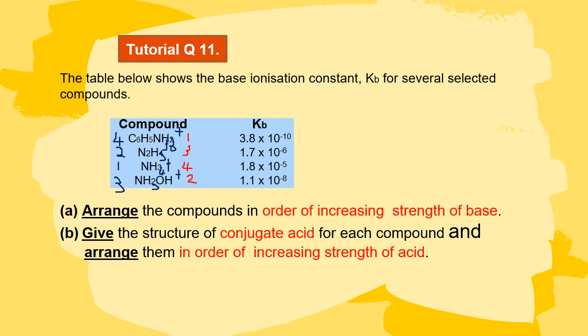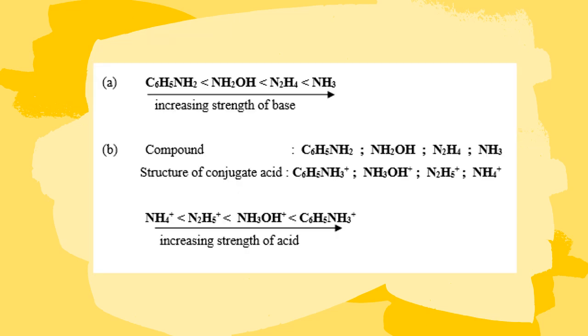Let's check your answer. Yes, this is the way to arrange the compounds according to the increasing strength of base. You must use greater-than signs and this arrow to represent increasing strength of base.